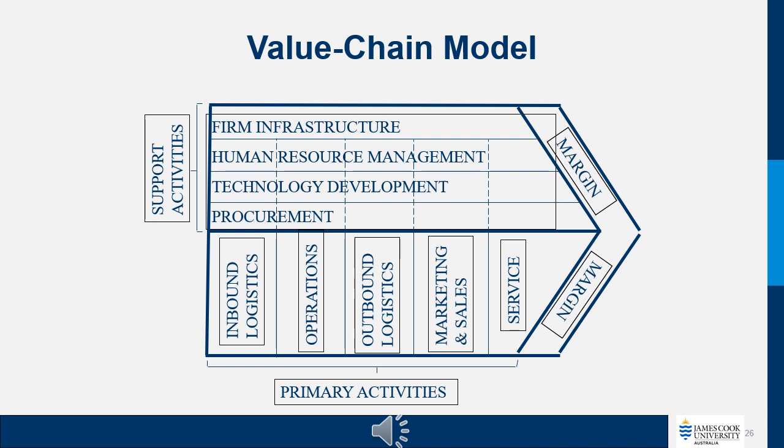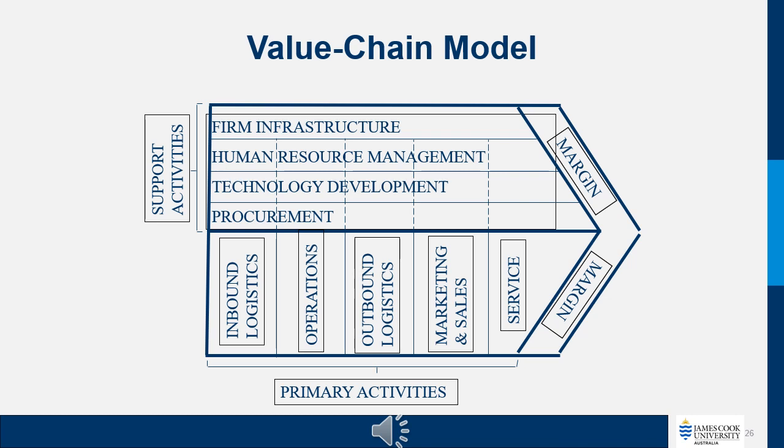One is the primary activities. These are core activities directly involved in the creation and delivery of products and services. They typically include inbound logistics, operations, outbound logistics, marketing, sales, and customer service. Each of these activities contributes to the overall value provided to the customer. On the other side, we also have support activities.